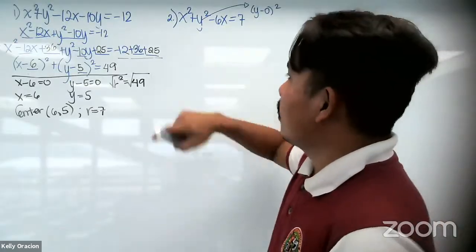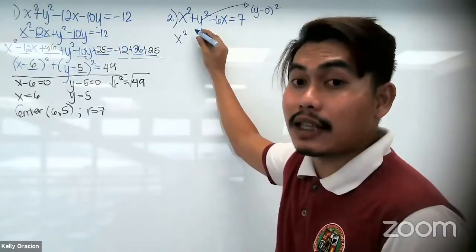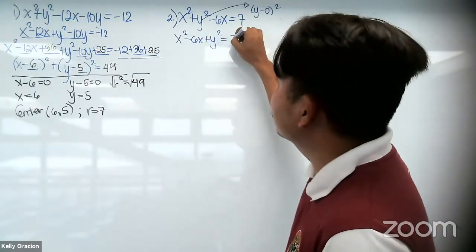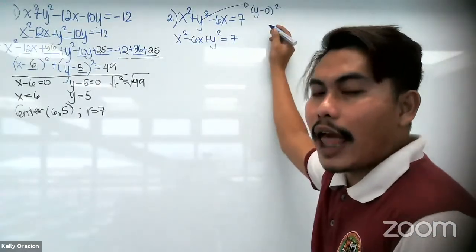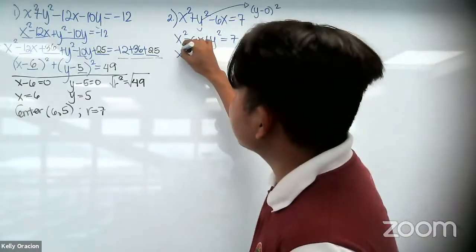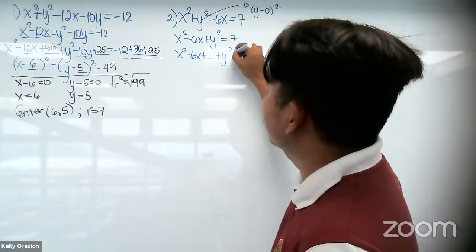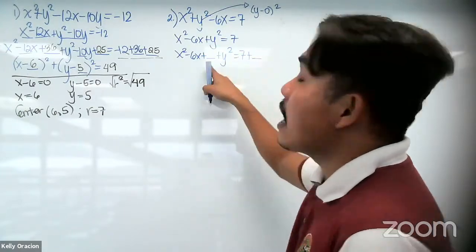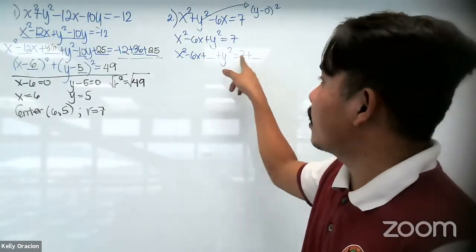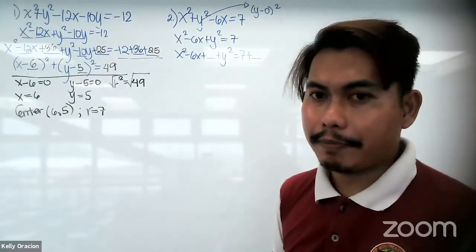So, let's solve. Combine like terms, combine the same variable: x squared minus 6x plus y squared is equal to 7. Then perform completing the square. X squared minus 6x plus blank plus y squared is equal to 7 plus blank. Isang plus blank lang tayo, kasi si y squared lang.